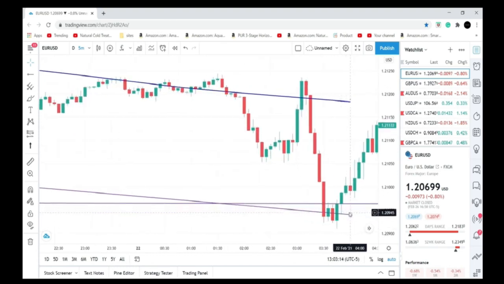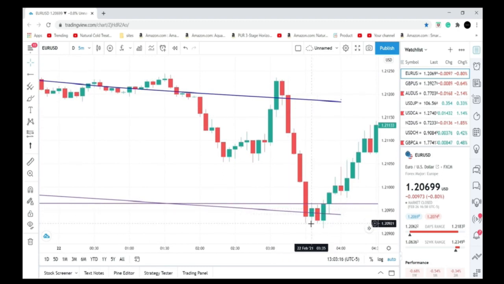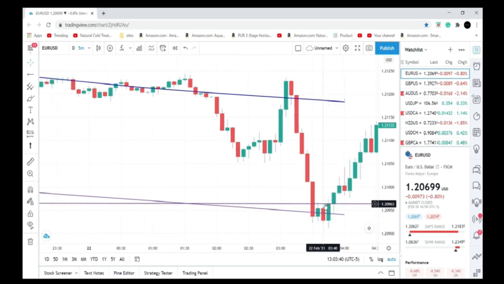And not only that, if you look at it close, you notice that it can't close below this low right here. So this was the low. It pulled back a little bit and tried to make a new low, but it can't even close below this candlestick. So buyers bought this up. This was a nice candle to go long.